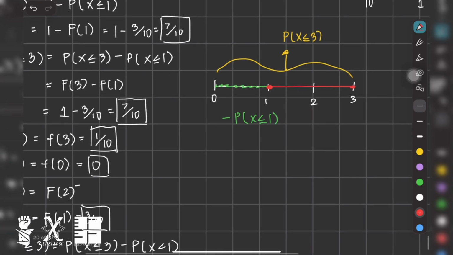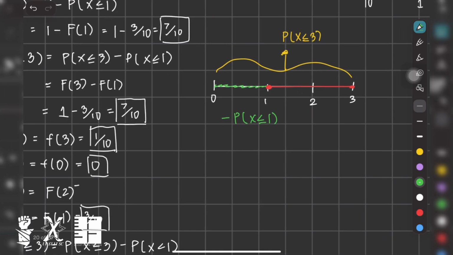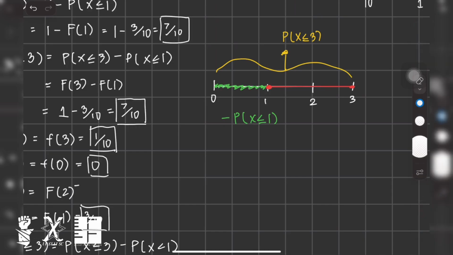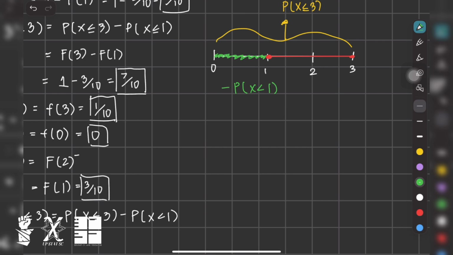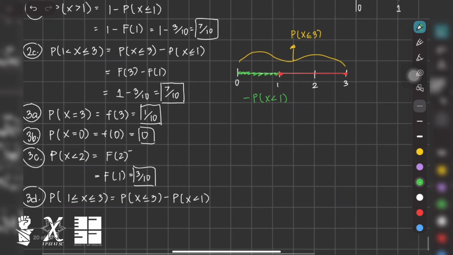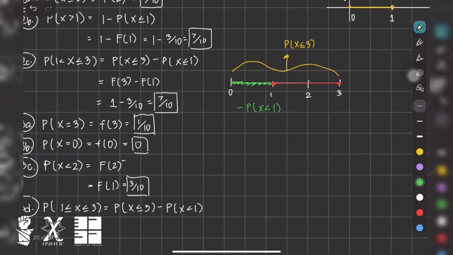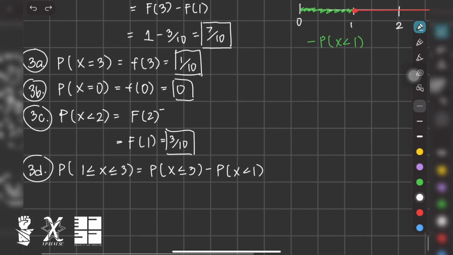So, if we want to remove this green part, we are removing the equal sign because we want to include that X is equal to 1 in the constraint. So we can break this down into the probability that X is less than or equal to 3 minus the probability that X is less than 1. Okay, so let's move on.